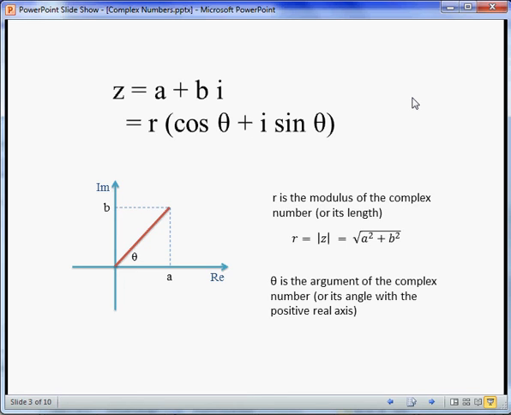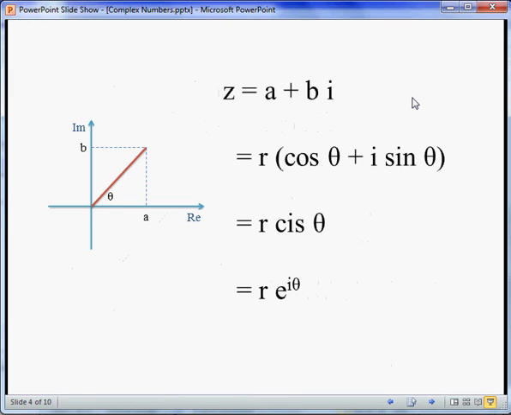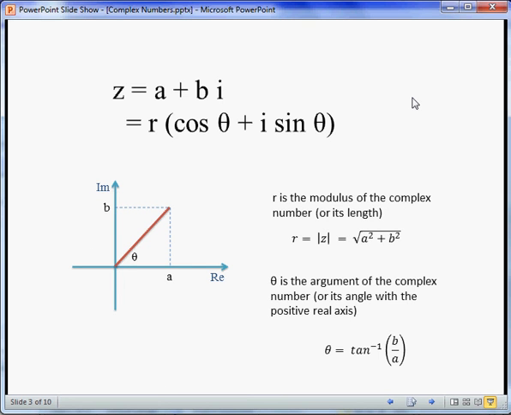And the angle is the angle with the positive real axis, which, if you think about that, opposite over adjacent is tan, so b/a = tan θ. So there we go, easy to convert.